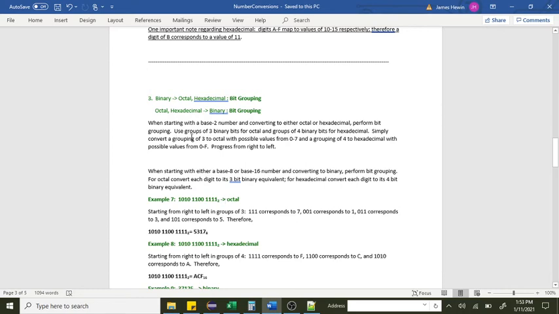So when we're starting with a base 2 number, we're going to convert to octal or hexadecimal. Perform bit grouping: use groups of 3 binary digits for octal and 4 binary digits for hexadecimal. Simply convert a grouping of 3 to octal with possible values 0 to 7, and a grouping of 4 to hexadecimal with possible values 0 to F. Progress from right to left.